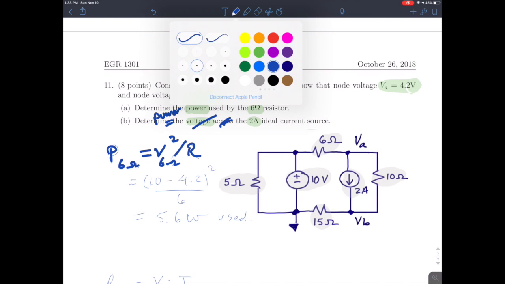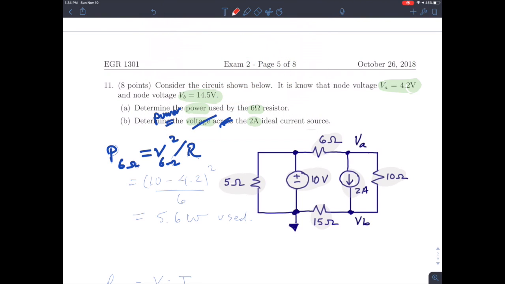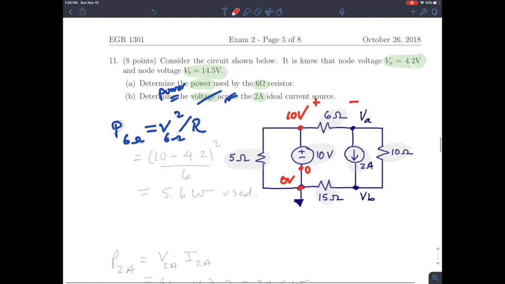All right, so I do the dot thing like I did in class. Here's the reference, so that's at 0 volts. So if you follow up this way, that's at 0 volts. This would be at 10 volts. Okay, so now I can get the plus and the minus and get the voltage across the 6 ohm resistor.